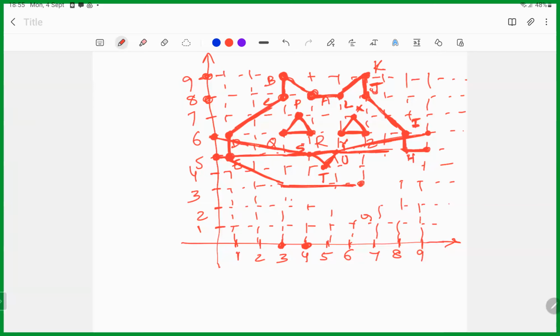This is, yeah, this is right. Oh, you can see the cat. Good. Now it's a cat. Okay.